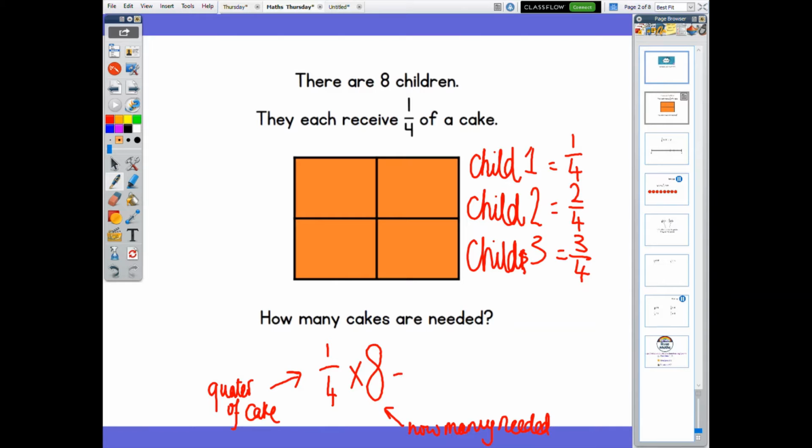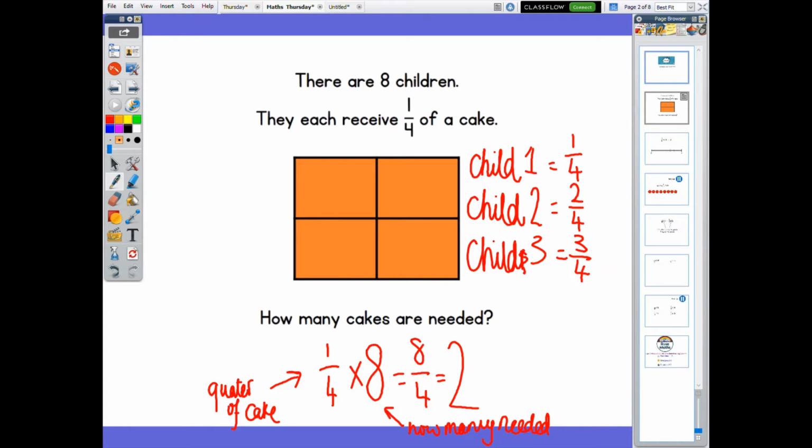So I could do 1/4 times 8 to give me my answer. So I can do my numerator times my whole number to give me 8/4, and then I could simplify that, because it's an improper fraction, into 2.